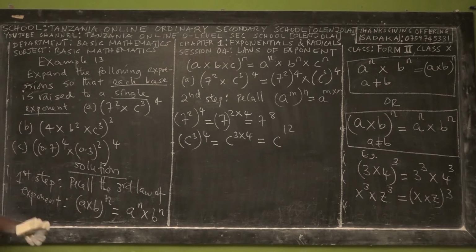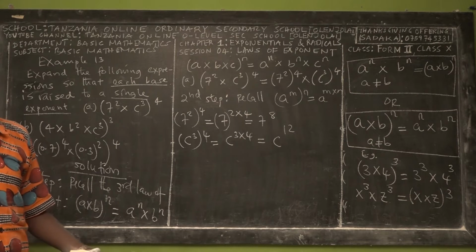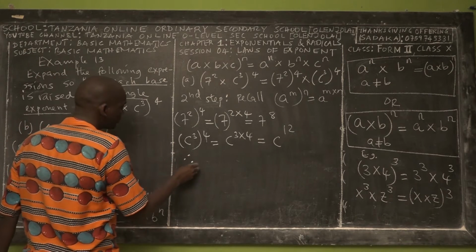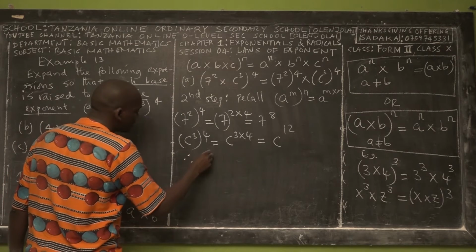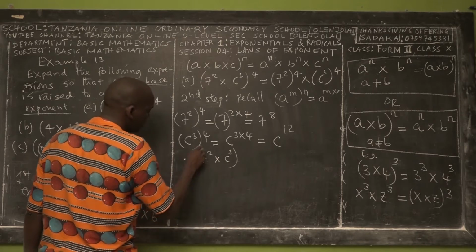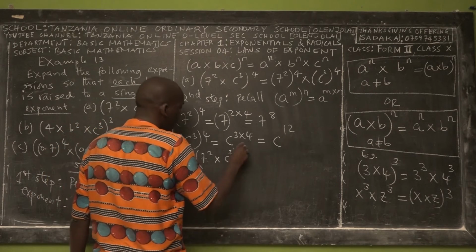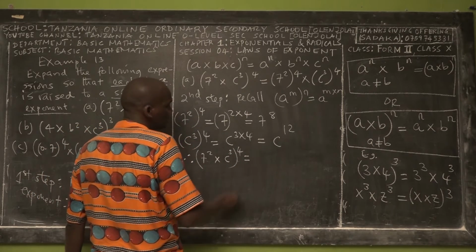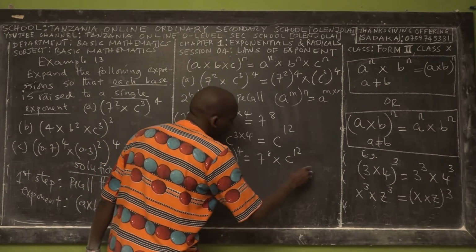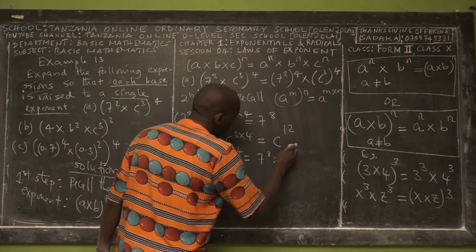Are we together? So you see now, the questions start getting challenging. Yes. So therefore, for Roman A, 7 power 2 times c power 3, and all of this to the power 4, is equal to 7 power 8 times c power 12. Are we together?